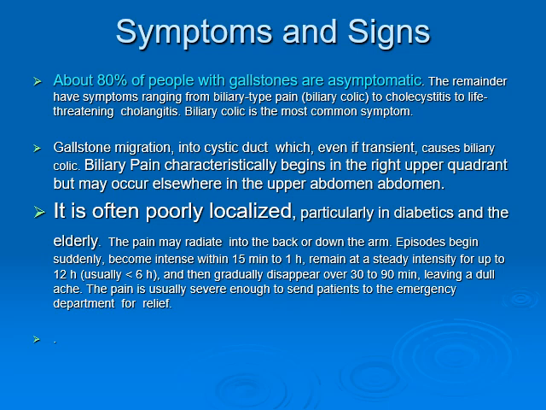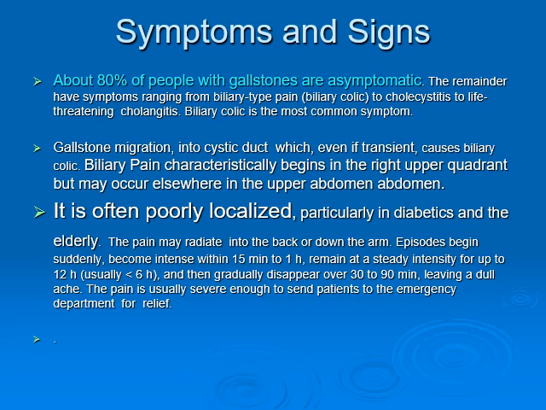It's often poorly localized, particularly in diabetics and the elderly. The pain may radiate into the back or down the arm. Episodes begin suddenly, become intense within 15 minutes to 1 hour, and remain steady for up to 12 hours.